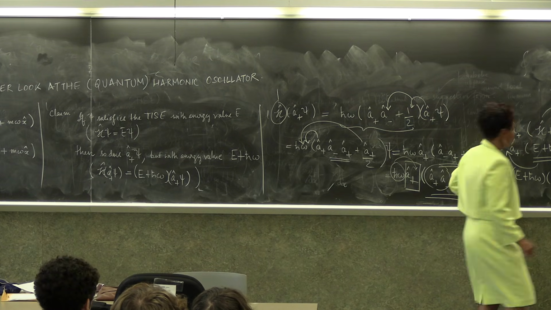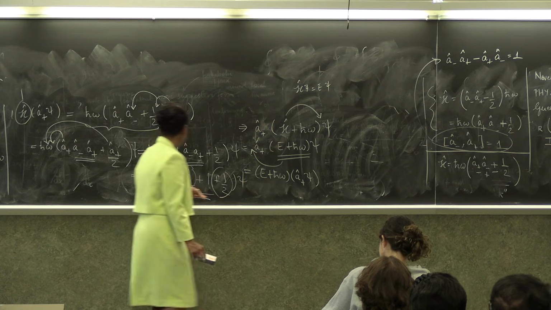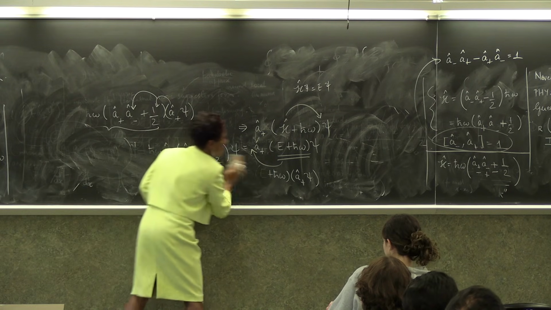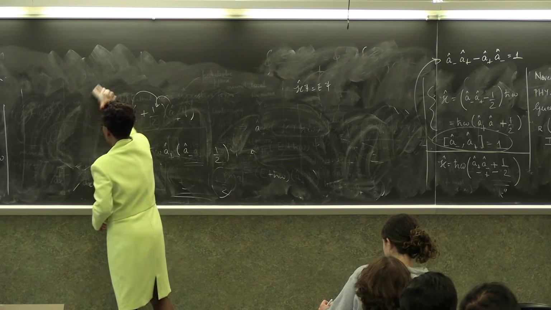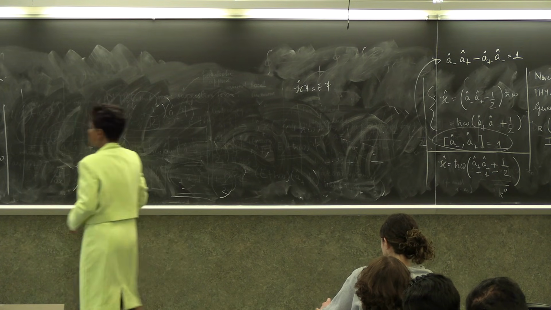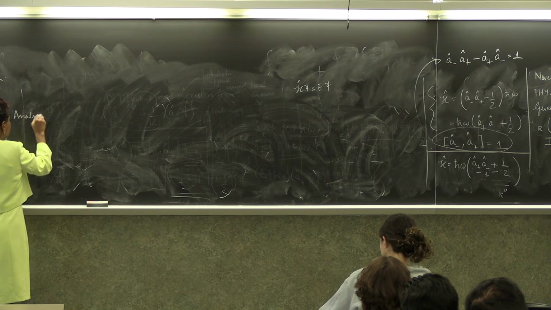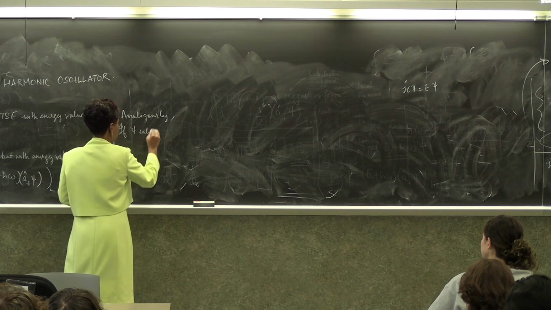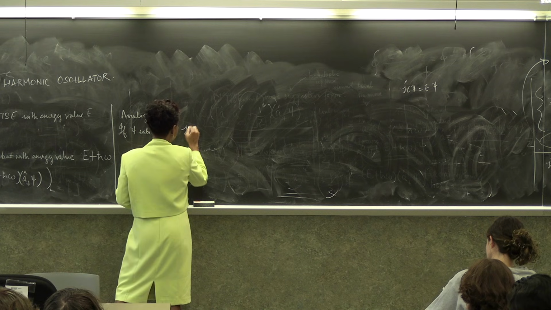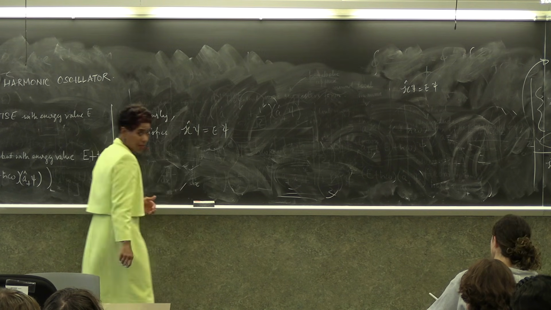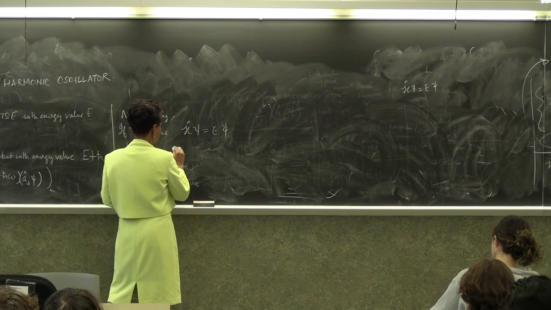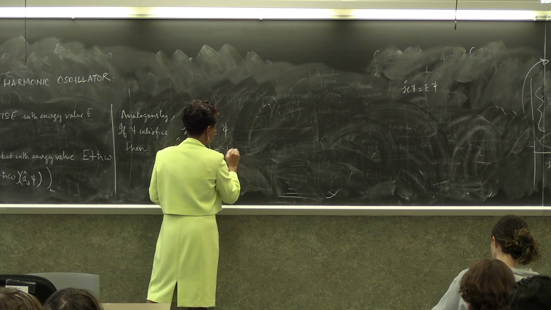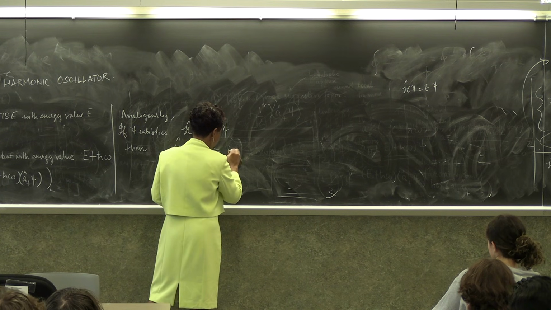This is one of a pair of analogous results, and the other result is, as you can possibly guess, if psi satisfies the time-independent Schrodinger equation with energy value E, then so does A minus psi, but now with energy value E minus H bar omega.